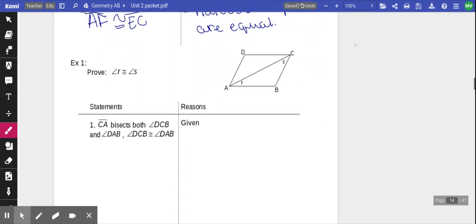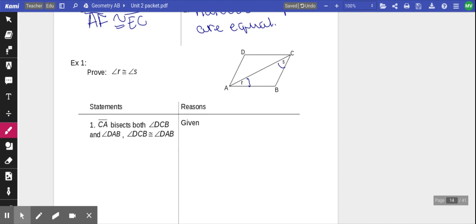So let's take a look here at example 1. We want to prove that R is congruent to S. So that's what we're looking for. We know that CA bisects DCB and DAB. So I'm going to stop right there and I'm going to think about, all right, what does that mean?